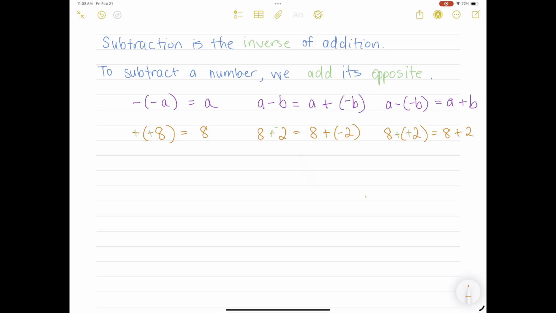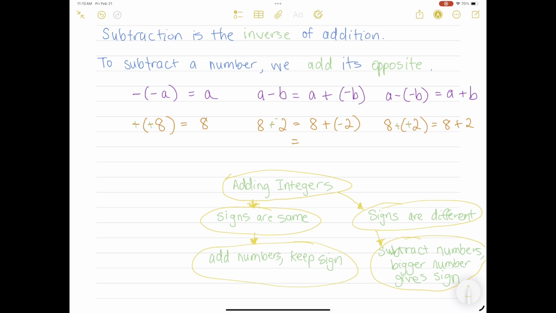And I will include the decision tree for adding integers with positive and negative numbers, just as a reminder. So 8 plus negative 2 we would treat as a subtraction problem. The number with a larger absolute value, in this case 8, is positive, so the sign is positive, and the answer is positive 6.